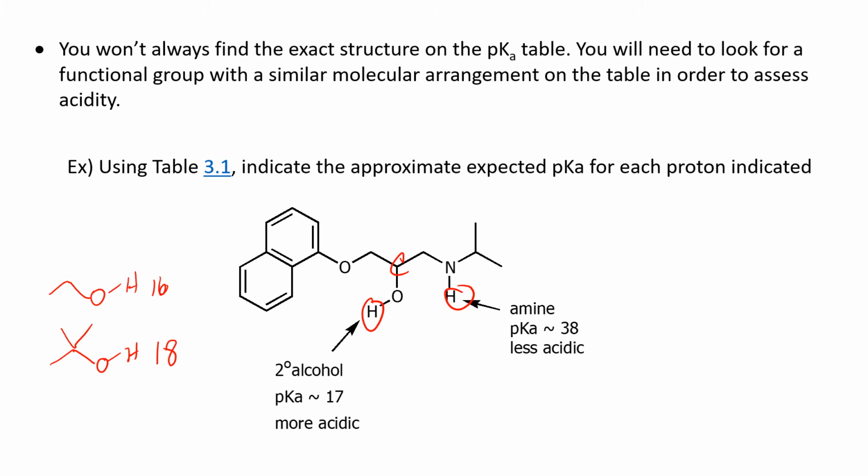So because this one's secondary, let's just say it's somewhere in the middle. All right, so we have a pKa of approximately 17. All right, for the next one, well, we have a hydrogen attached to a nitrogen. On the bottom left of your pKa table, you have NH3.